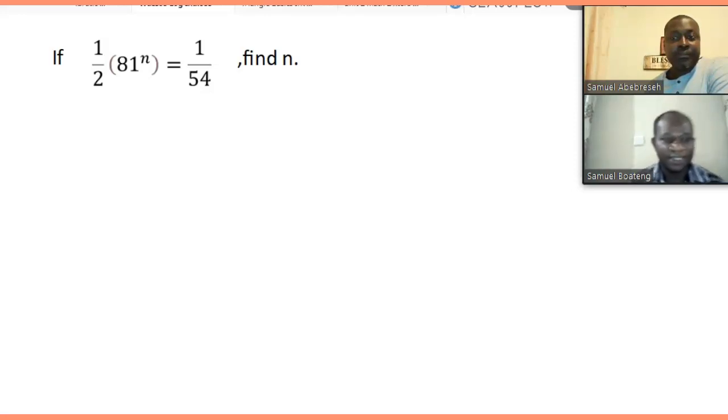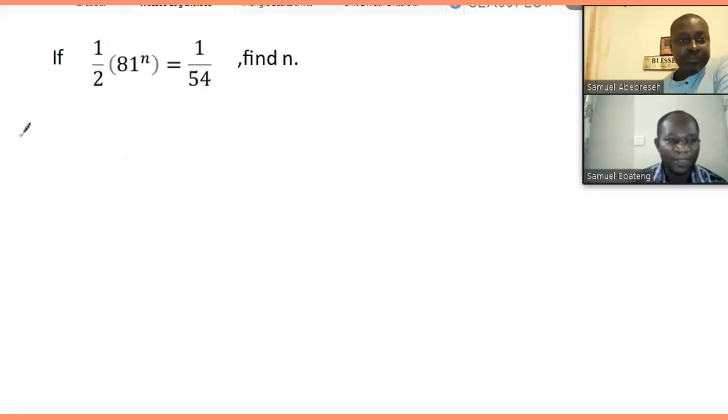As I said in the first question, to solve an equation which involves indices, you always have to establish that both sides of the equation have been expressed in a common base.